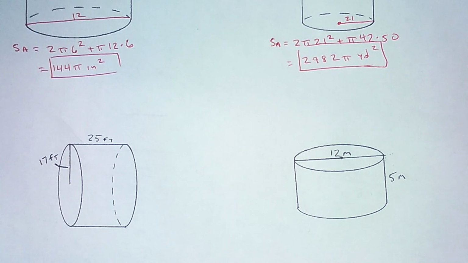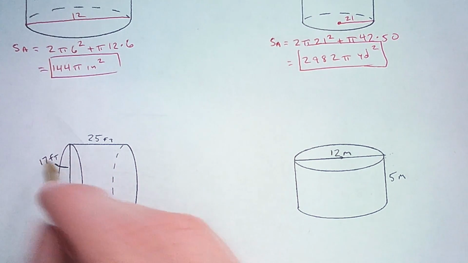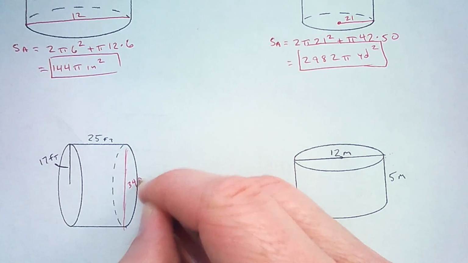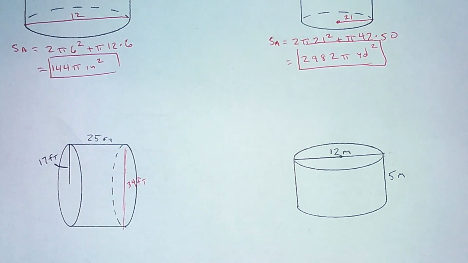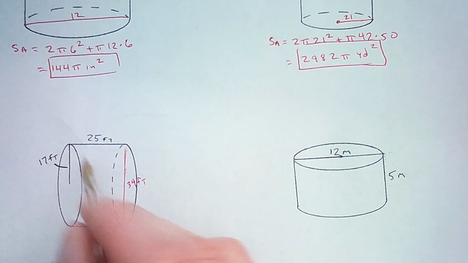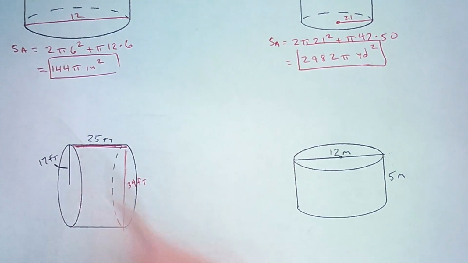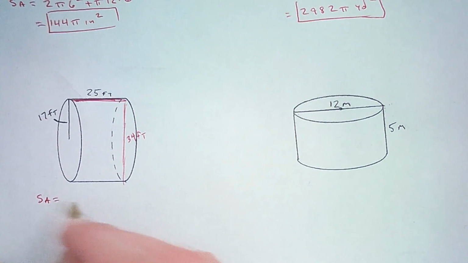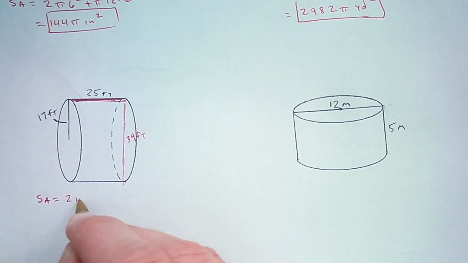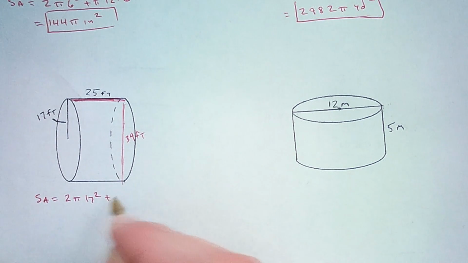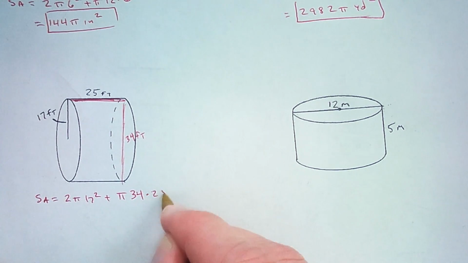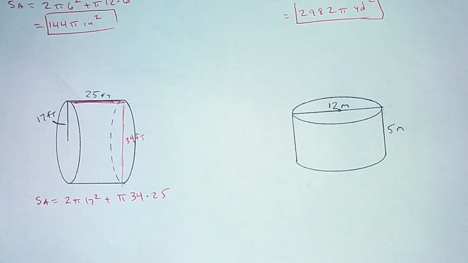So our next cylinder happens to be laying on its side. The radius is 17. The diameter is double that, which is 34. And the height is the distance between the bases, so from one circular base to the other is 25. So the surface area is 2 pi r squared, 2 pi 17 squared, plus pi dh, pi 34, times 25.